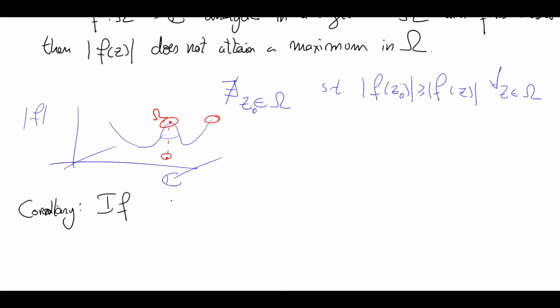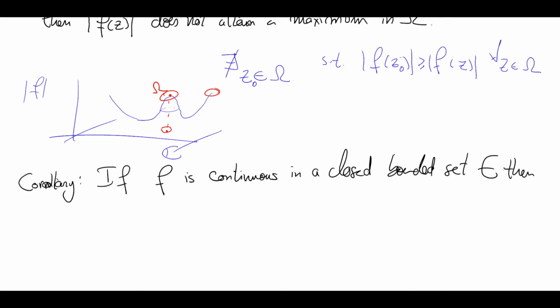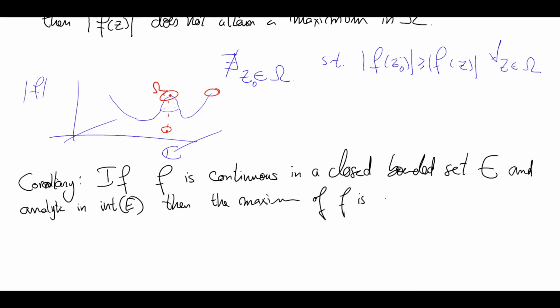If f is continuous in a closed bounded set E, and I need more, I need analytic, of course, analytic in the interior of E, then the maximum of f is attained in the boundary of E. And this is again a very powerful theorem, right?